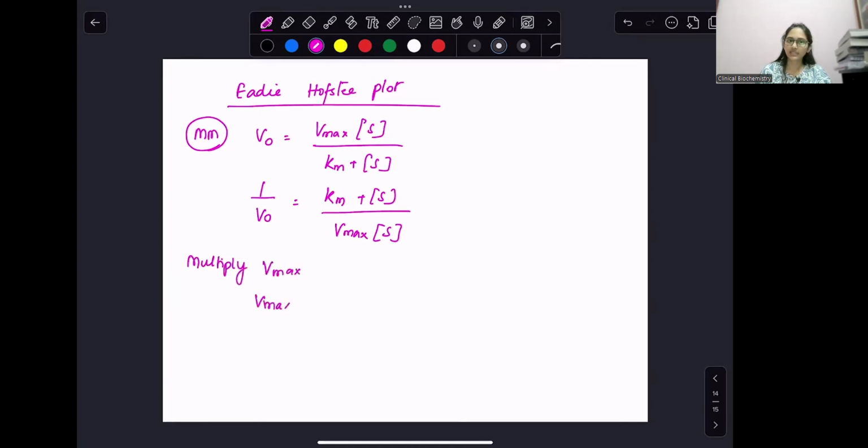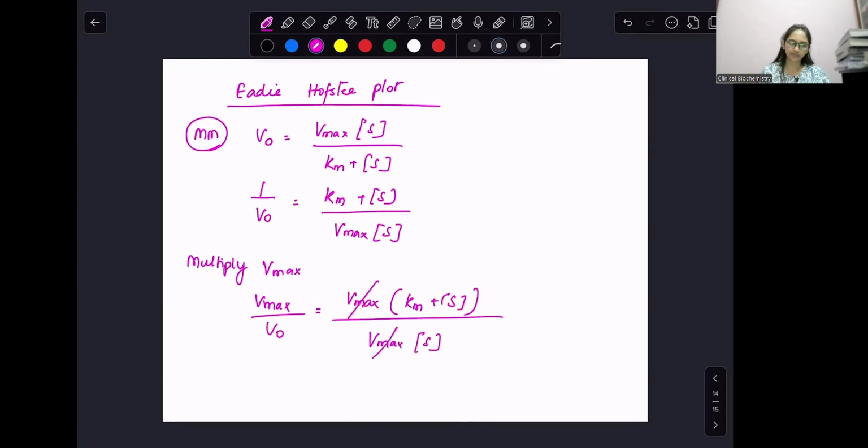So I will get V max divided by V0, which is equal to V max into Km plus S divided by V max into S. So I will cancel this V max. Now we'll take this V0 that side. So V max is equal to V0 into Km plus S divided by S.